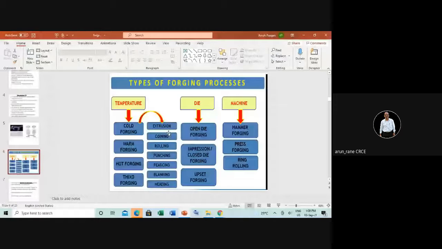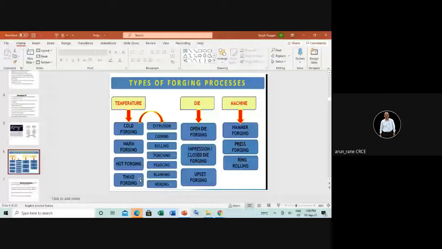So, cold forging, coining is a cold forging, rolling is warm forging, punching, piercing, blanking, these are all warm forging, whereas heading, that is hot forging. You can skip thixoforging, out of syllabus.